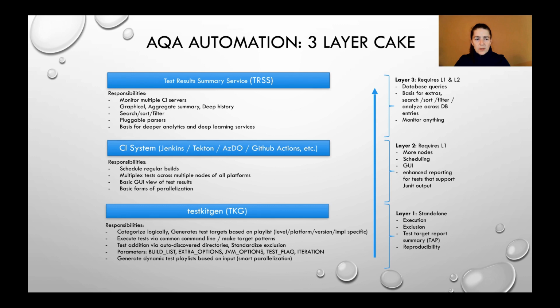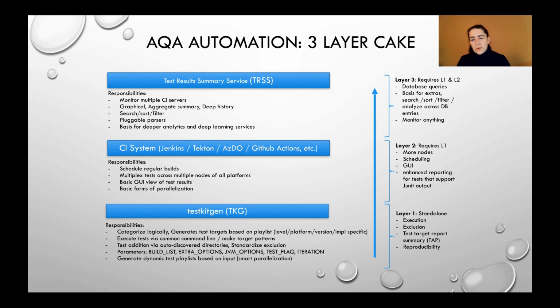Finally, the icing on the cake, the top of the cake, is what we call TRSS, or Test Result Summary Service. And this is where, if I was running in 5 different Jenkins servers and another public ASDO or Azure DevOps environment, could I bring all of the results together in one view, aggregate the results, keep a longer history of the results, and have additional search, sort, and filtering capabilities on it? Why would I want to do this?